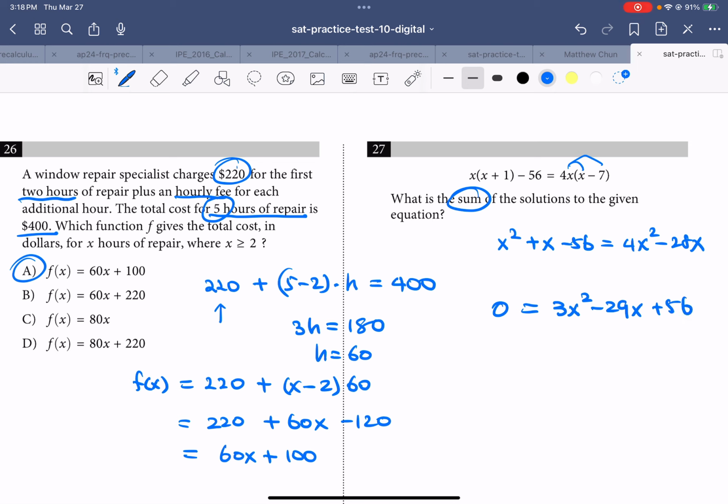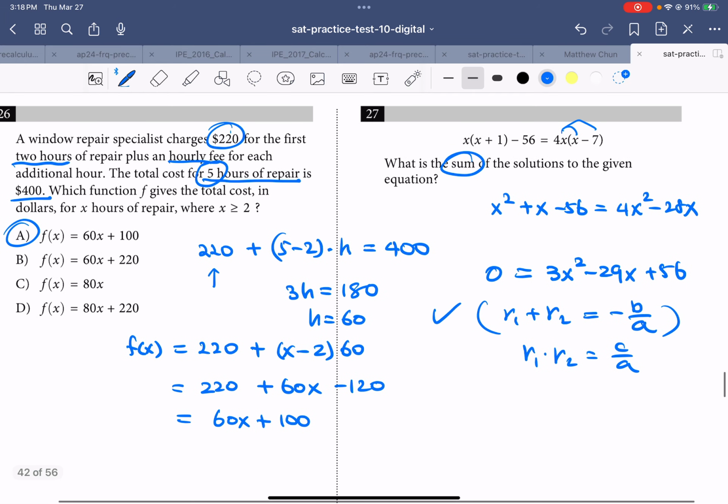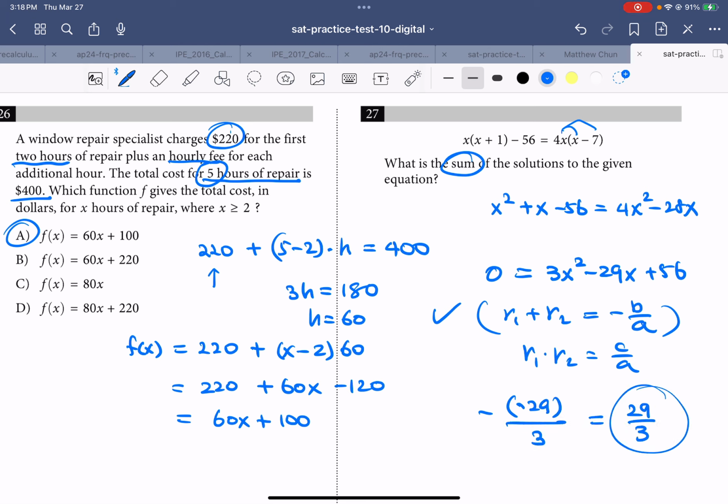So I'm going to use the fundamental theorem of algebra. The sum of the two solutions is negative b over a. If you want to know the product, then c over a. But I'm going to use this one. So the sum will be negative b, negative negative 29, over a. So the answer is 29 over 3 as your final answer. That's the sum of the two roots.